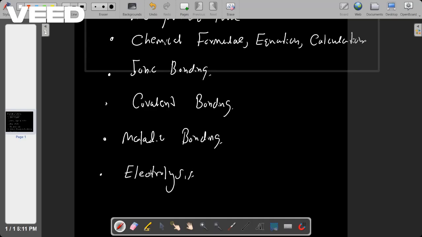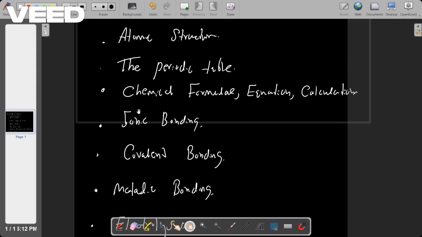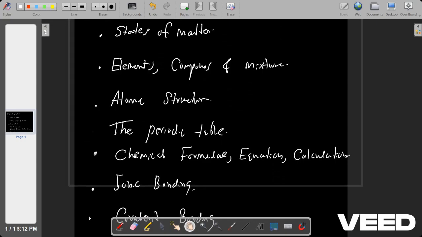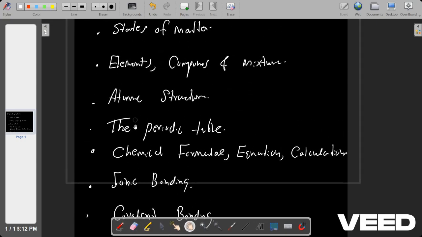Okay. So these are the principles of chemistry, right? General knowledge on chemistry. In the first 2 to 3 months, we will be discussing these things. But anyway, today we will be starting on atomic structure, right? More interesting stuff.